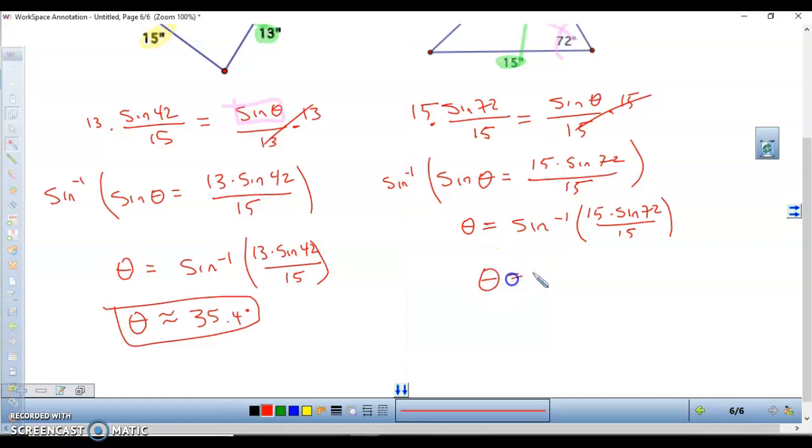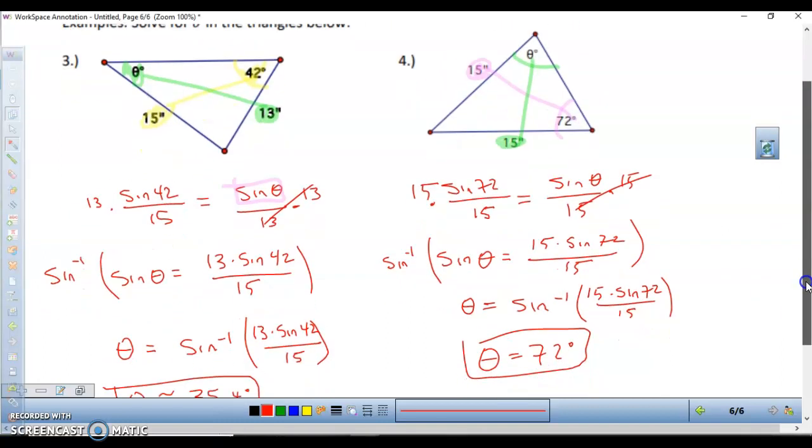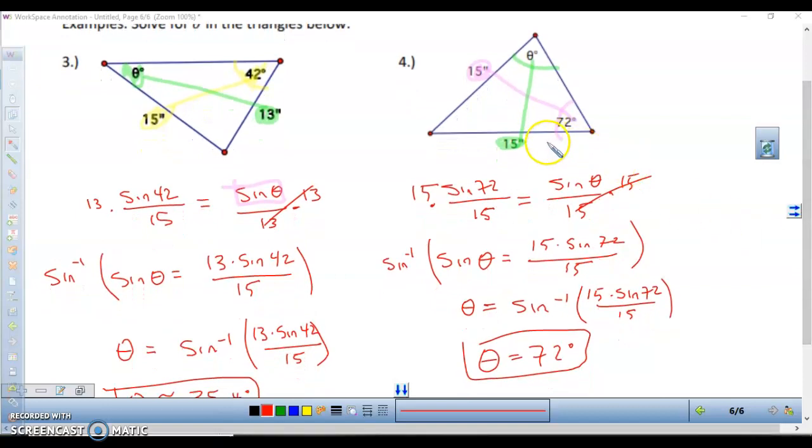Now, if you were paying attention in the beginning of this problem and thinking critically, you should have known without having to do any work that theta was 72 degrees. Because if these sides of the triangle are congruent, they're both 15, then the base angles are congruent, which makes theta 72 degrees. And I did this intentionally because I want to point out to you: don't overcomplicate things. Think critically about the problem you're being asked to solve, and it could save you some work down the line.